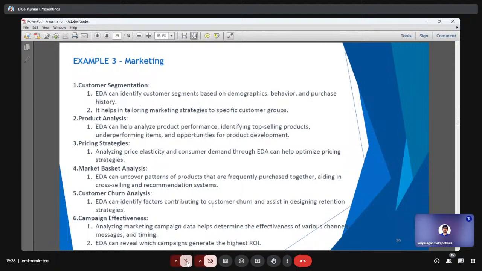Then we have data analysis, which is the most crucial step that deals with descriptive statistics, as I already mentioned. The main tasks involved in data analysis are that we summarize the data and find hidden correlations, that is, the basic relation between the features or variables in the data.